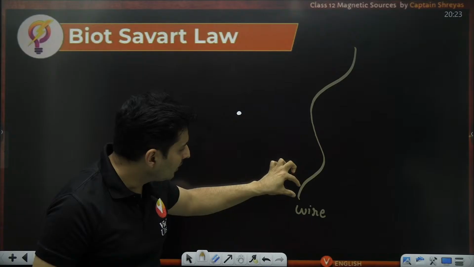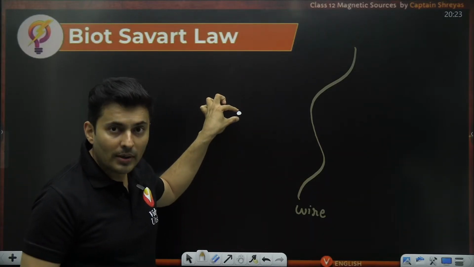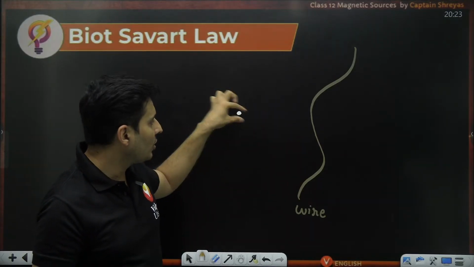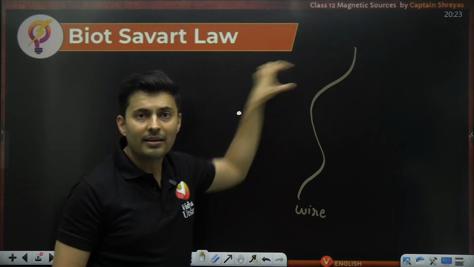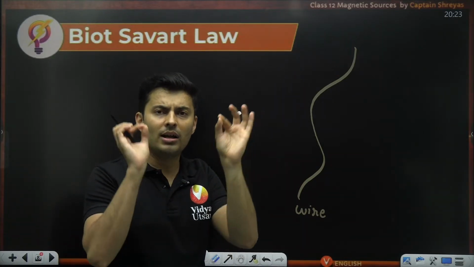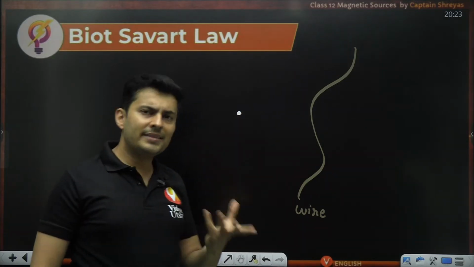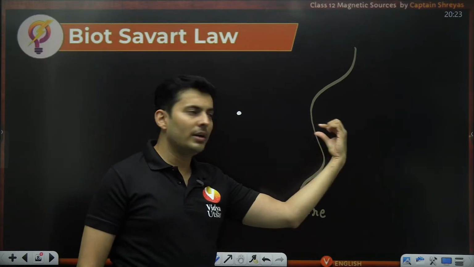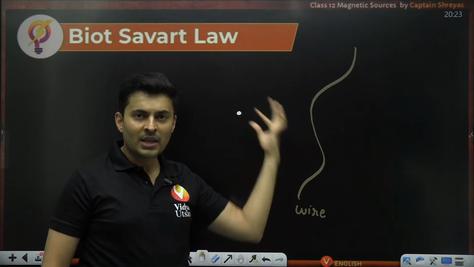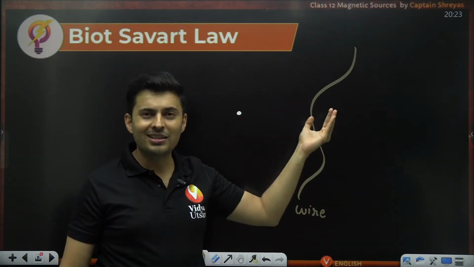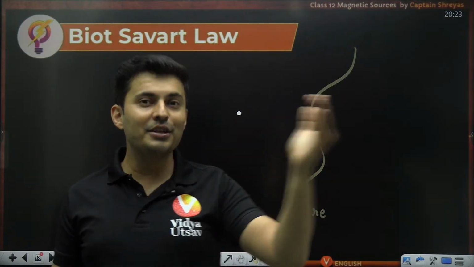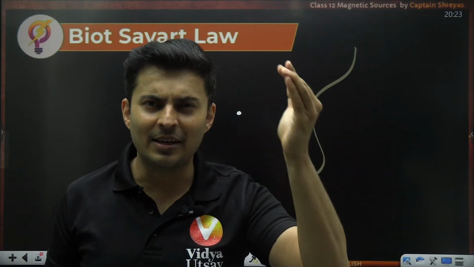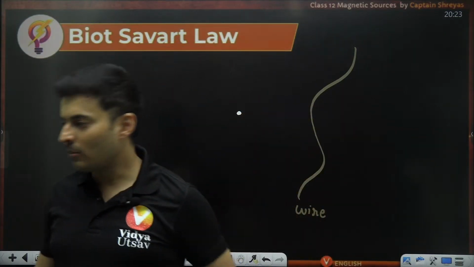The magnetic field will be because of all the parts of the wire. If I take this part of the wire, it will have some contribution. This part will also contribute. Every part of that wire gives some small amount of the field. So they said, why not find out the contribution due to any one part, and then we can add the contributions. When you say add the contributions of things, summation, what comes to your mind?